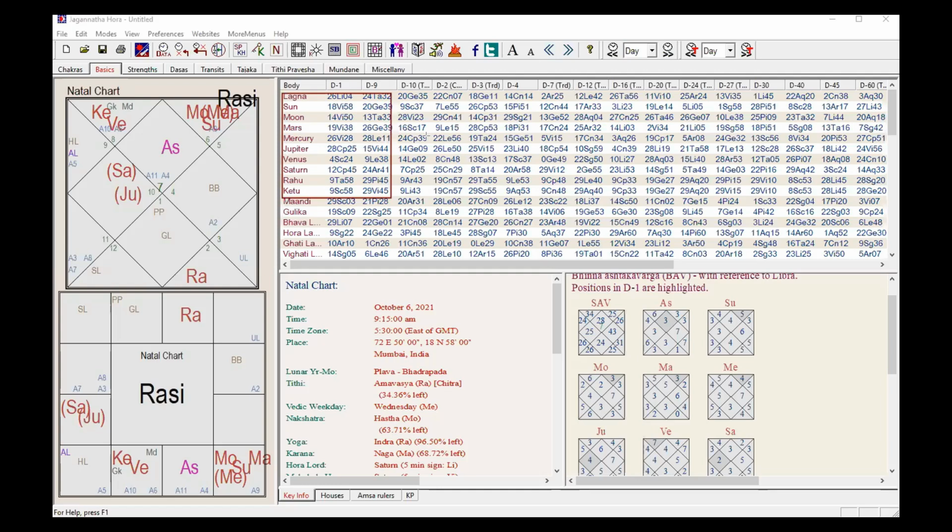Venus is in Scorpio sign. The dispositor is Mars. Mars is with Moon, Mercury, and Sun. That is also important. Venus is in Leo sign in D9. The Leo sign is ruled by Sun, and the Leo sign in the D1 chart is falling in the 11th house.